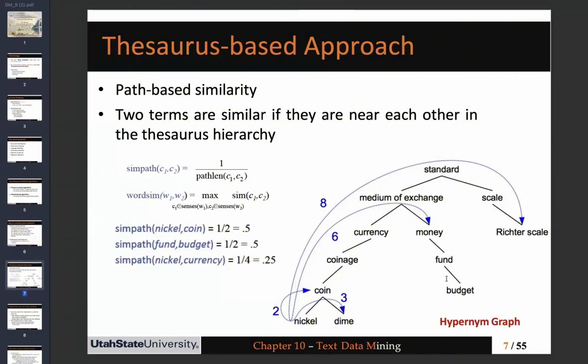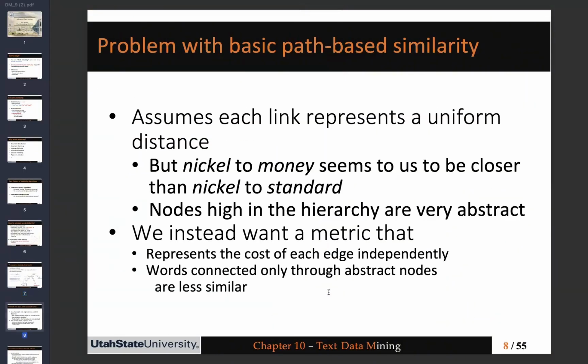They're equally the same, although budget is maybe a more generic term than nickel, and fund is also more generic than coin, right? So therefore, it does not really take into consideration the word rarity or the frequency or how generic the words are. Okay, so this is kind of wrong.